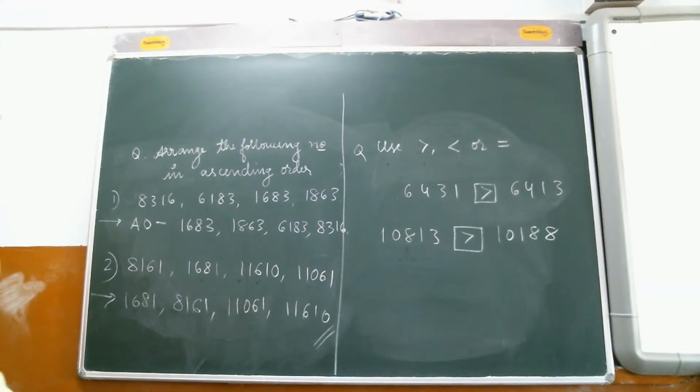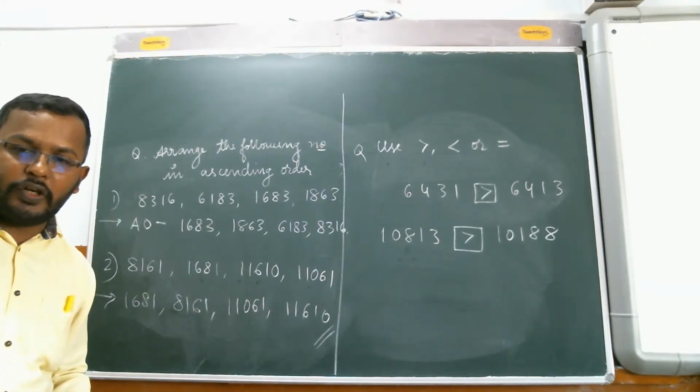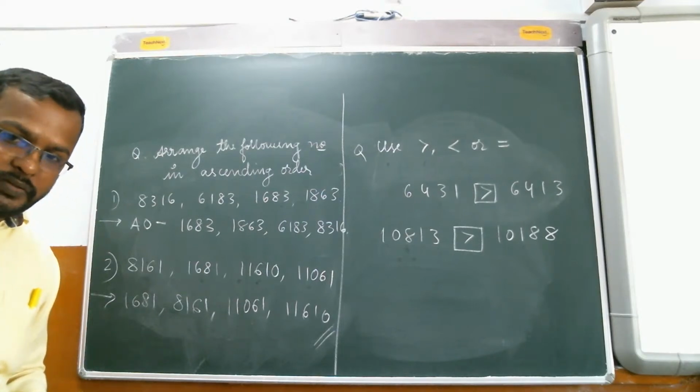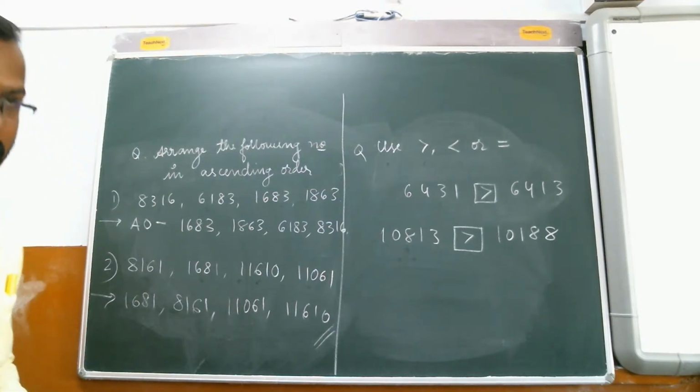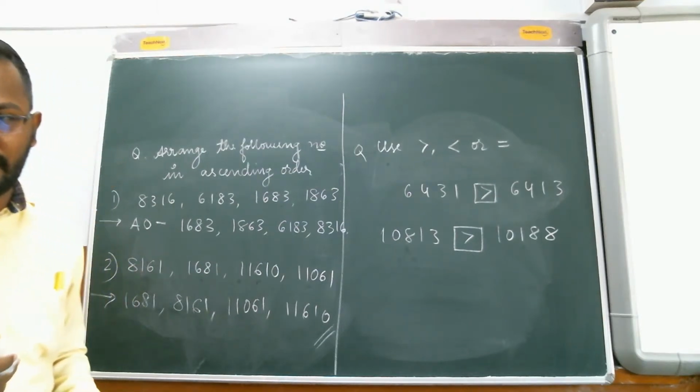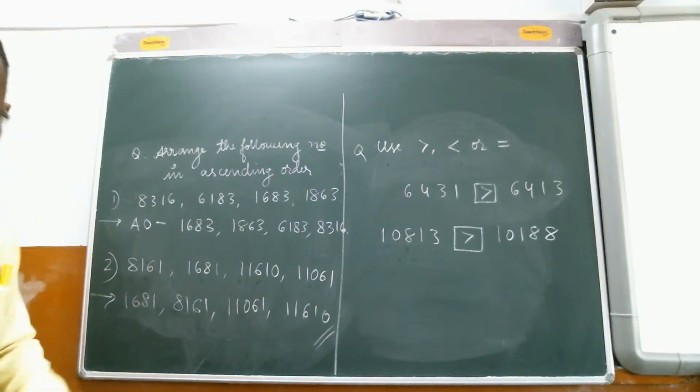And if they ask you to write in descending order, what to do? We have to arrange the numbers from bigger to smaller. बड़ा number से छोटा number तक लिखना है. Just reverse of this. Okay. So just give me a minute.